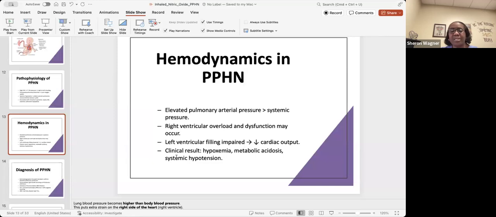So they may need a lot of support with mechanical ventilation, fluid therapy, as well as blood pressure management by giving medications such as dopamine, dobutamine if there is ventricular dysfunction as well, and other pressors that can be used, like epinephrine, hydrocortisone, but that's a lecture for another day.